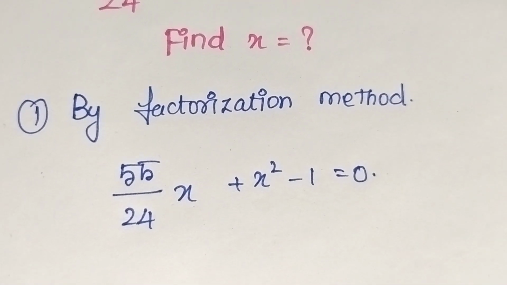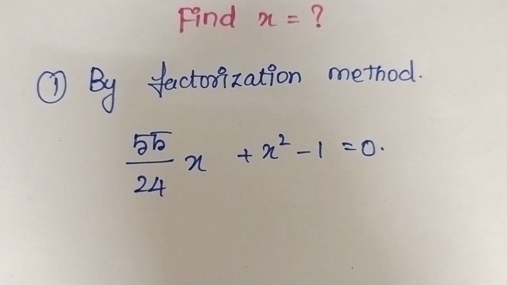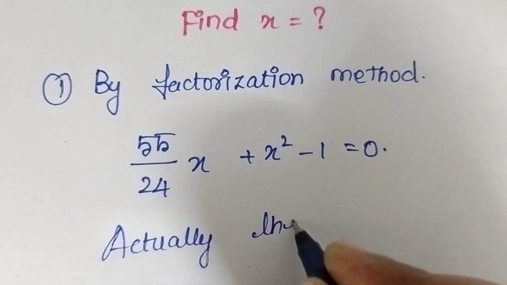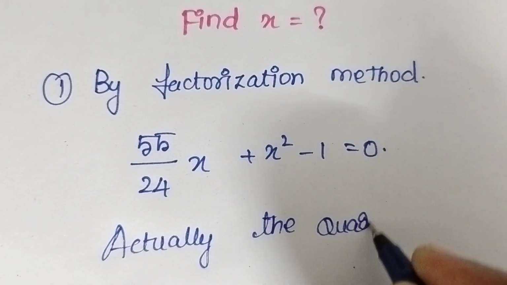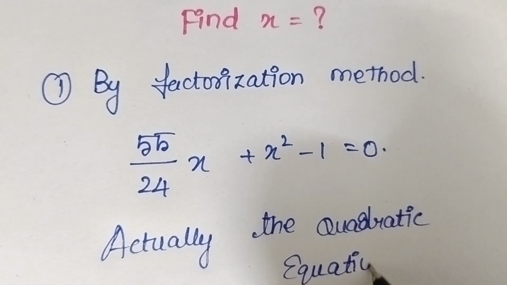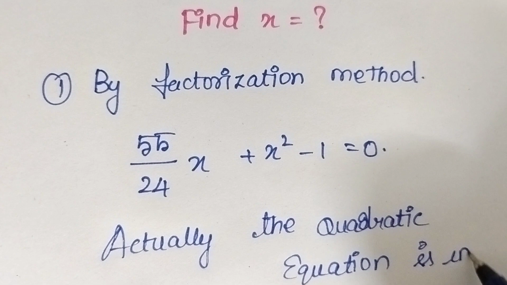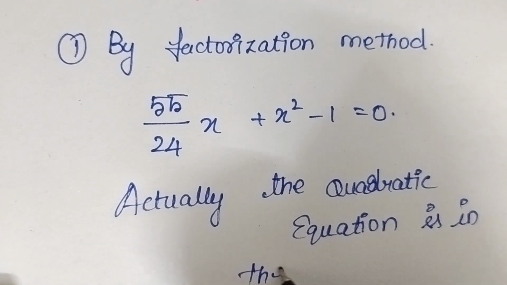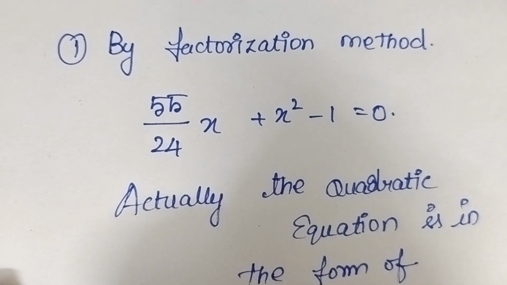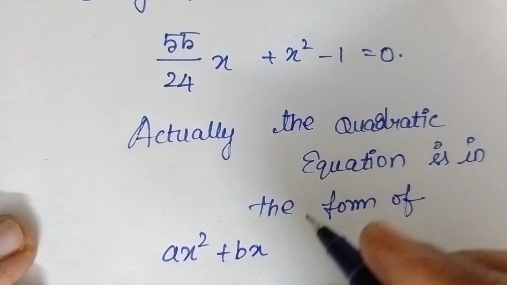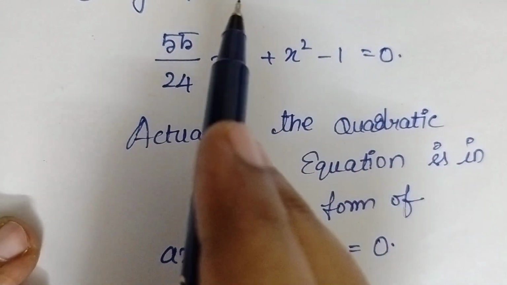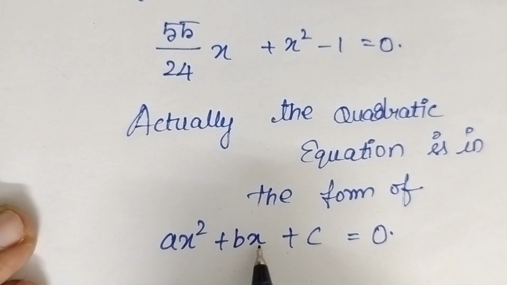Now I am going to rearrange the equation, because the quadratic equation is in the form of ax square plus bx plus c is equal to 0. So I am going to rearrange this equation in this order: x square, x, plus 1.